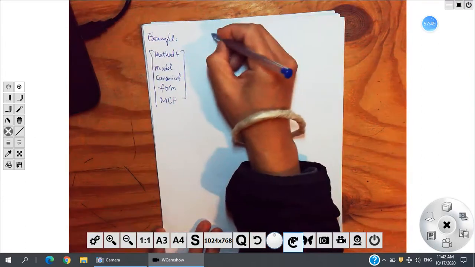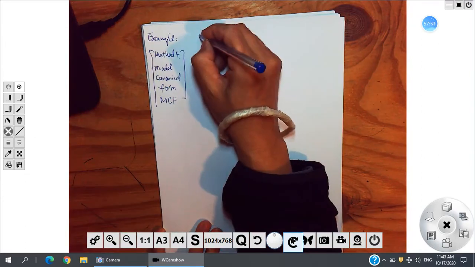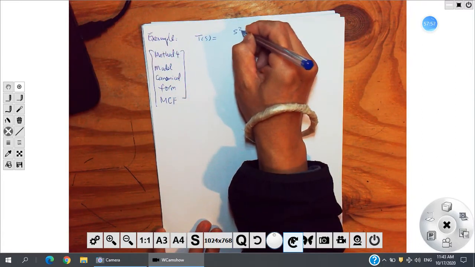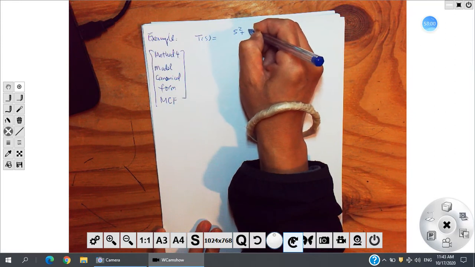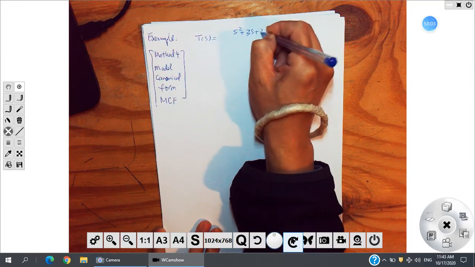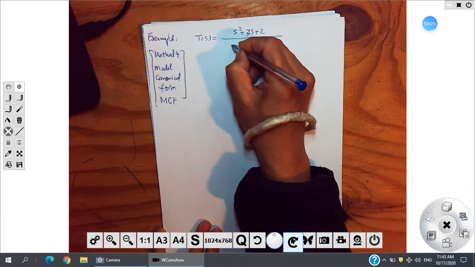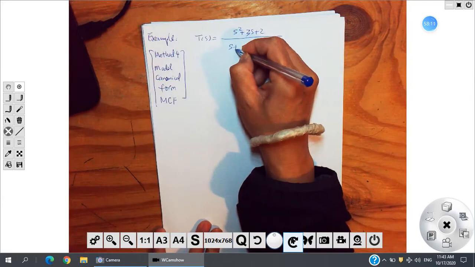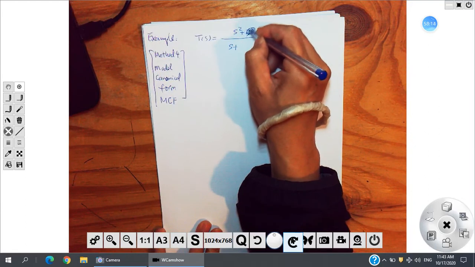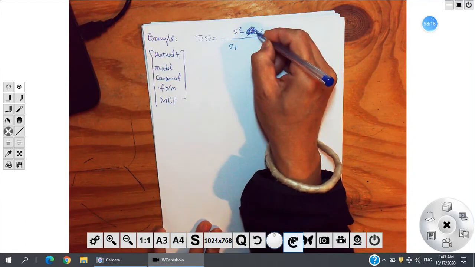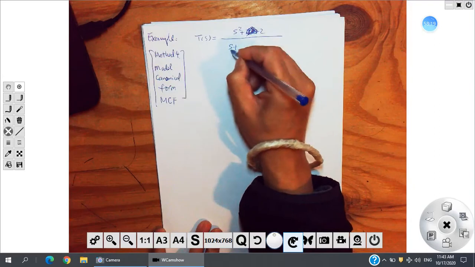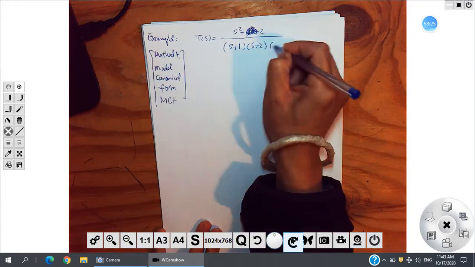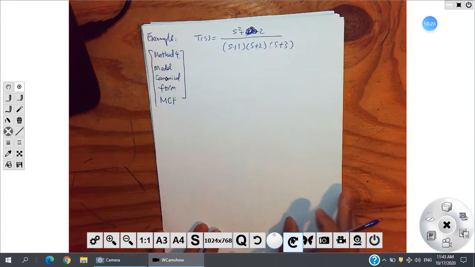In this example, suppose we have the transfer function T of S equal to S squared plus 2 in the numerator, over S plus 1, S plus 2, S plus 3 in the denominator.